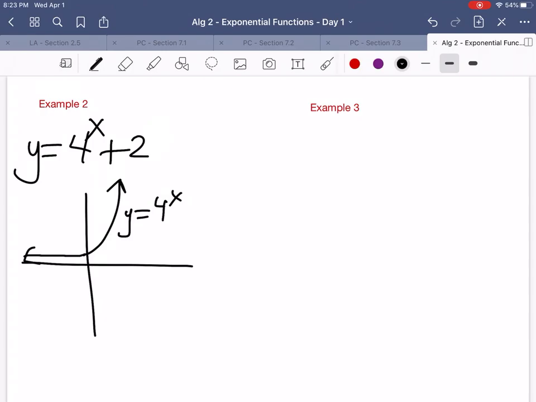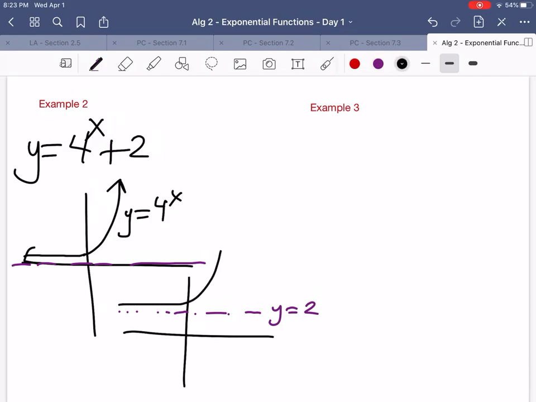All right. Now, if I basically move everything up 2, that asymptote that I used to have right here has to move up 2 spaces as well. So my new graph is going to look like this. My asymptote will now be at y equals 2 going across here, and my graph will shift up right there.